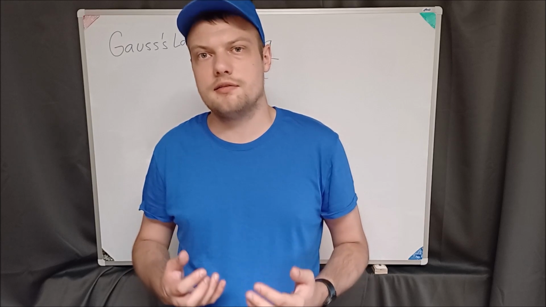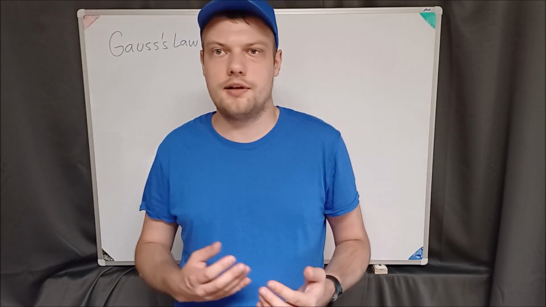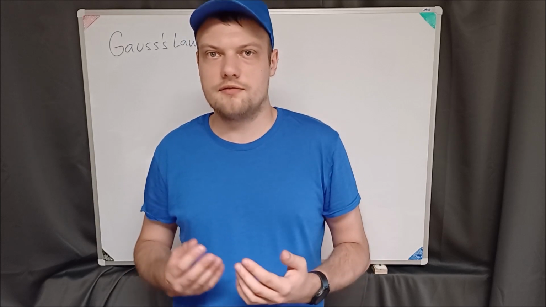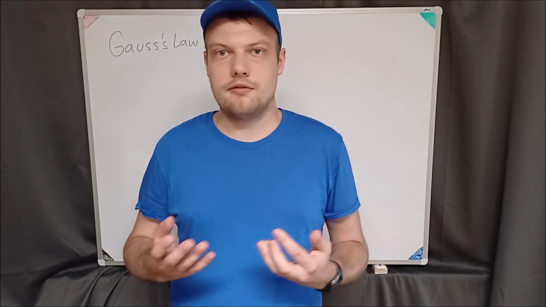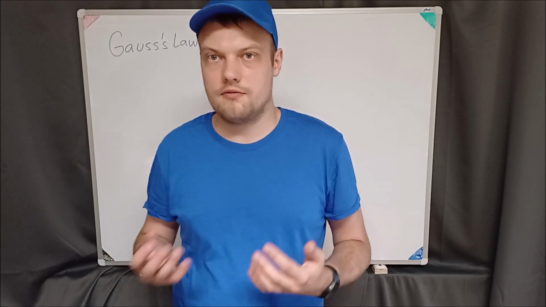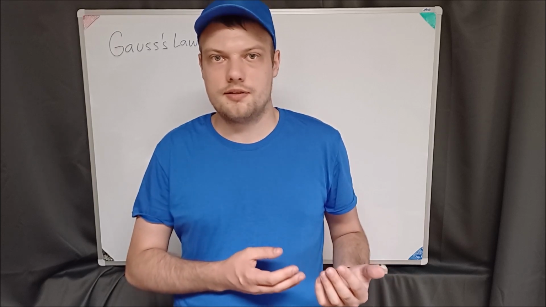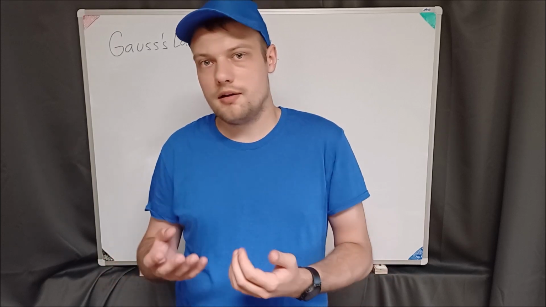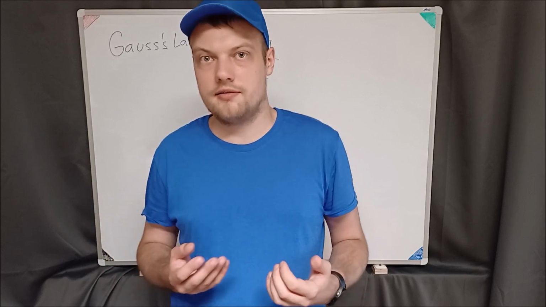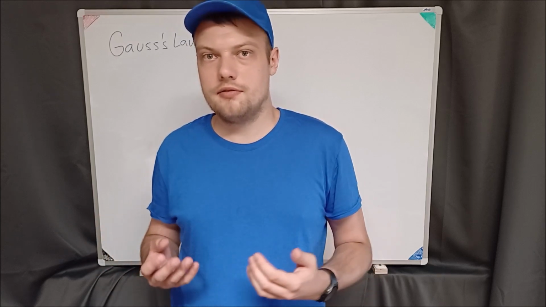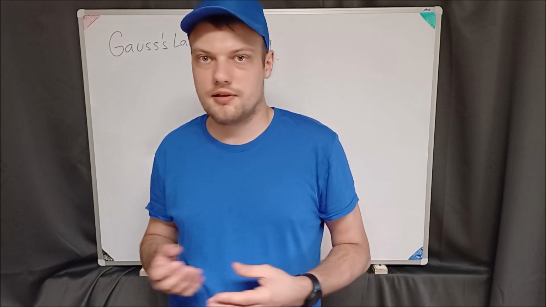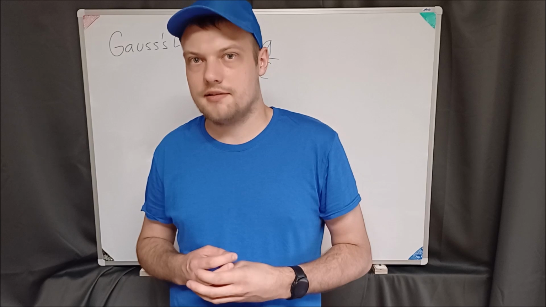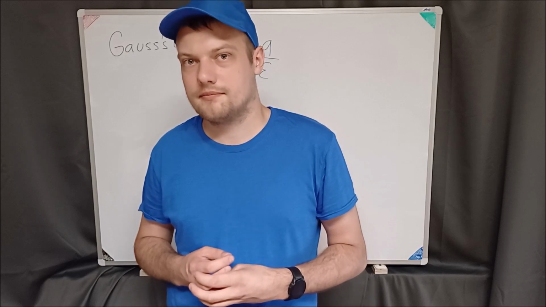Electric flux is a measure of the number of electric field lines passing through a surface, not a flow, but an integral of field strength over area. Sounds boring? Well, this law is pure wizardry. It can tell you the field around a sphere without solving integrals. Yeah, integrals are coming, but not today.